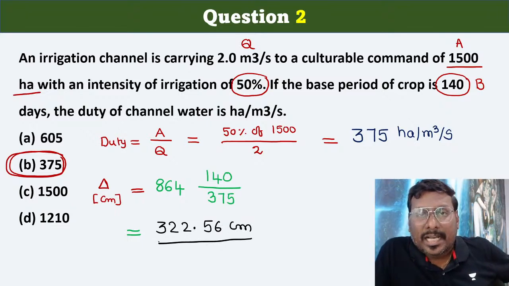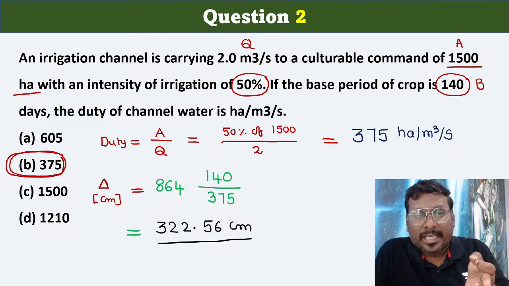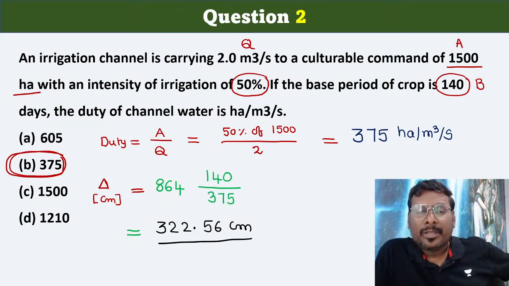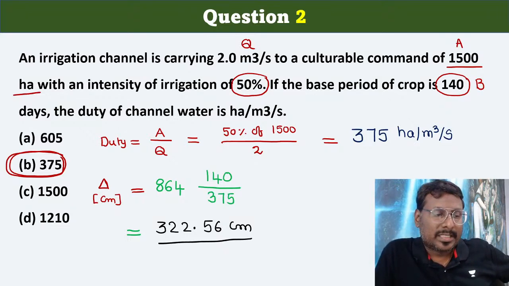But as the question is asking only for duty, delta and 140 days are not required. Clear? If the question is asking duty, there is no need of the base period. If the question is asking delta, the base period is required: 322.56 centimeter.